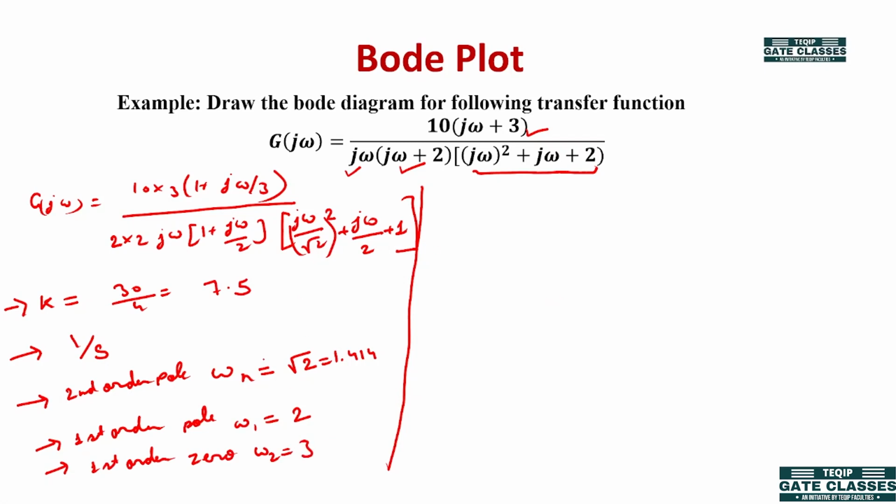Okay, so we have these 5 terms in our open loop transfer function.